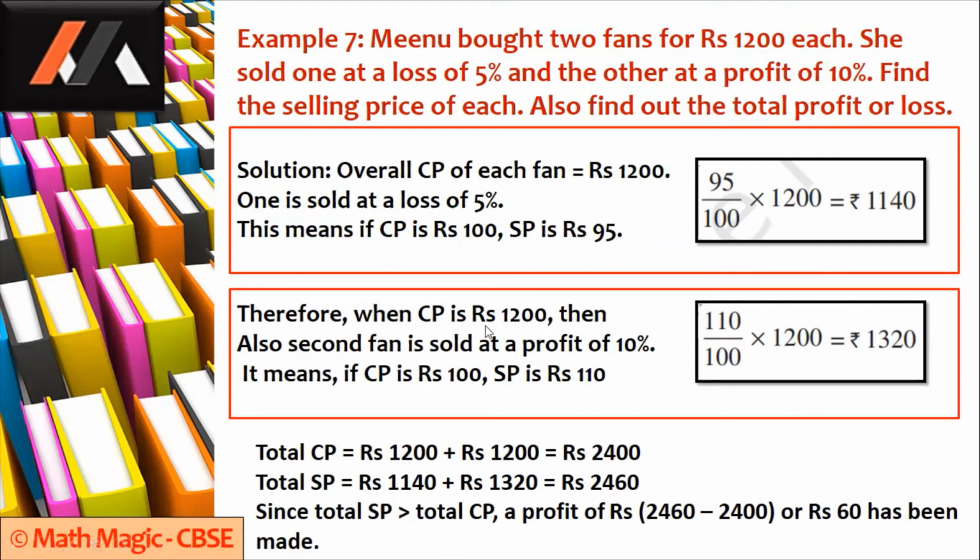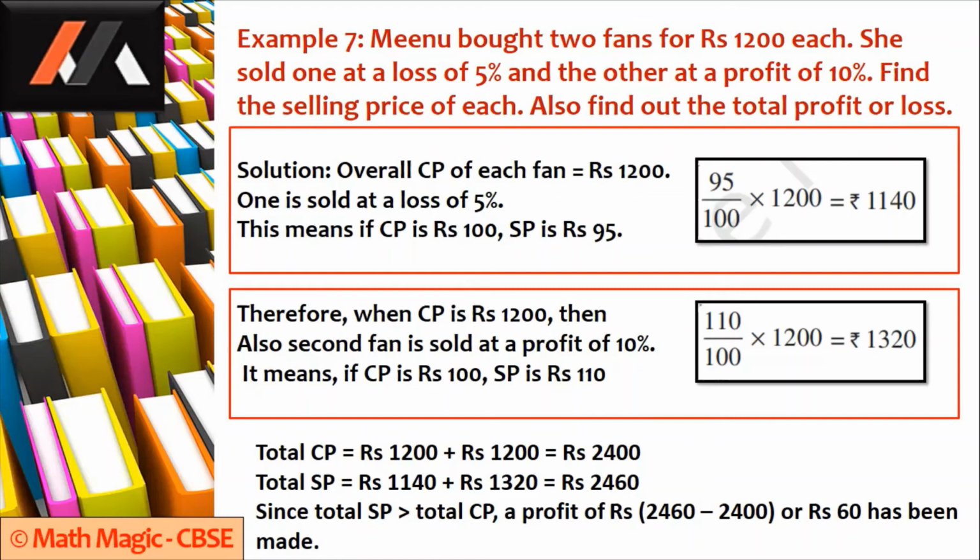In the second case, the CP is 1200 itself, but the second fan is sold at a profit of 10%. This means that if the cost price of the fan was rupees 100, 10% of rupees 100 was added to it. That is 10% of 100, 10 rupees is added to 100, that is equal to 110 rupees.